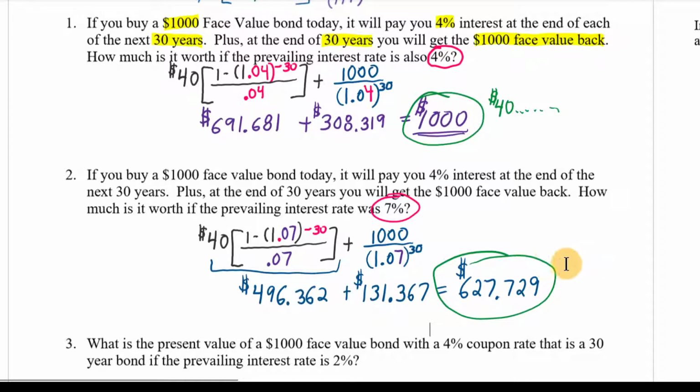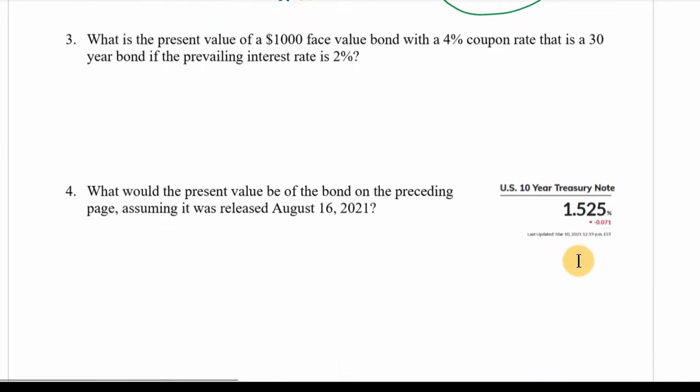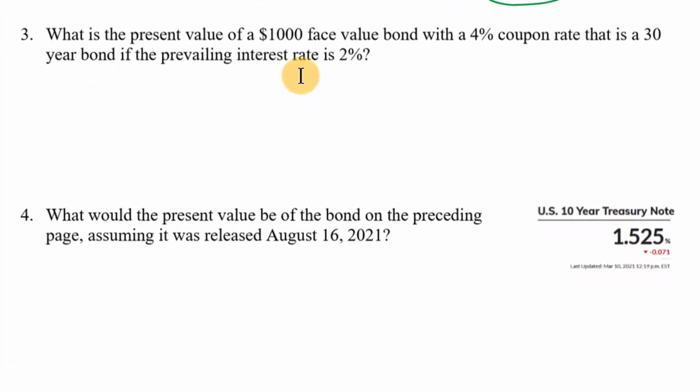It's just as risky to hold bonds as it is to hold stocks, in my opinion, because the value can go up, the value can go down. Now, just one more example here. What would happen if you had this same exact bond, but all of a sudden, the prevailing interest rate, the interest rate that you could get with an alternative bond or an alternative investment out there somewhere, was now only 2%?